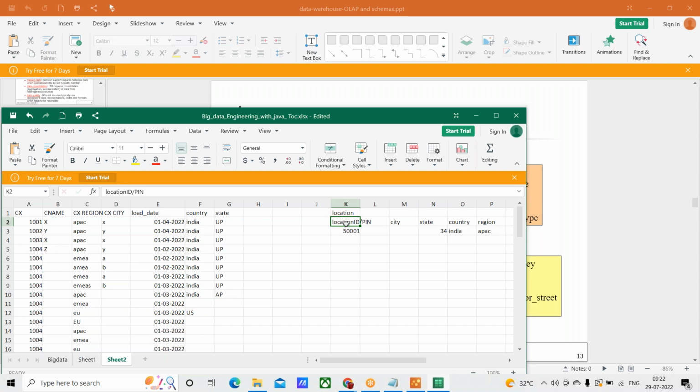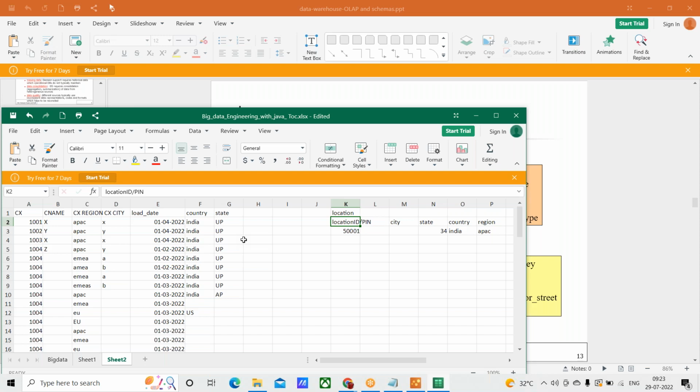What is normalization? Normalization means dividing the larger table into smaller tables to avoid or reduce the redundancy. In normalization, a big table will be divided into 2 or more tables. You are clear now?